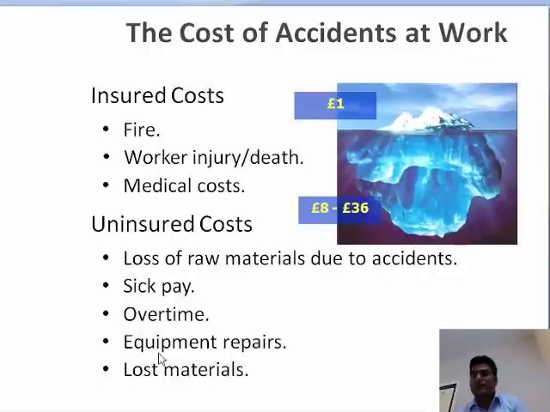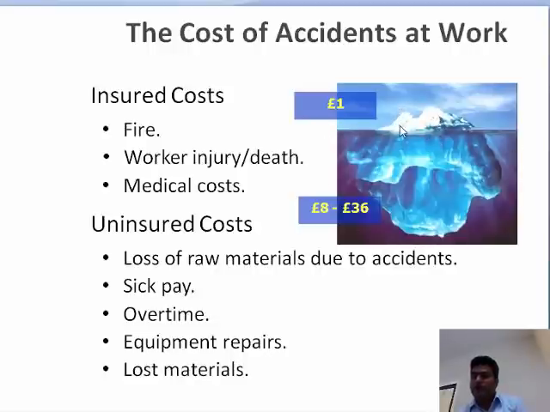Uninsured cost means the loss of raw material due to the accident, sick pay, overtime, and equipment repair. If you invest money in equipment repair, the insurance company will not pay it. If material is lost during the accident, that will not be paid by the insurance company.